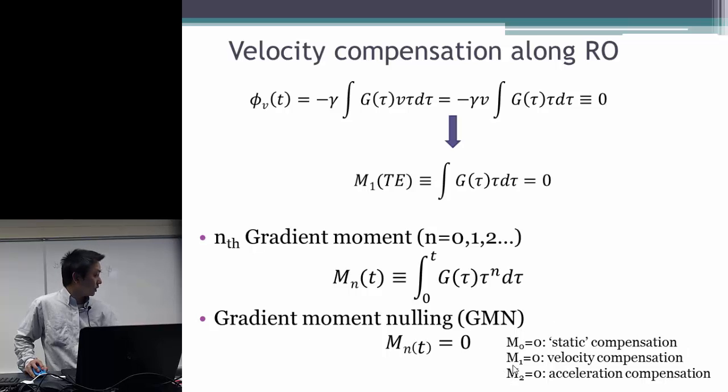And if we achieve the first gradient moment nulling, as we just saw, we can achieve velocity compensation. Furthermore, if we want to achieve higher gradient moment nulling, like the second order, then we can also compensate for those spins that have a constant acceleration.